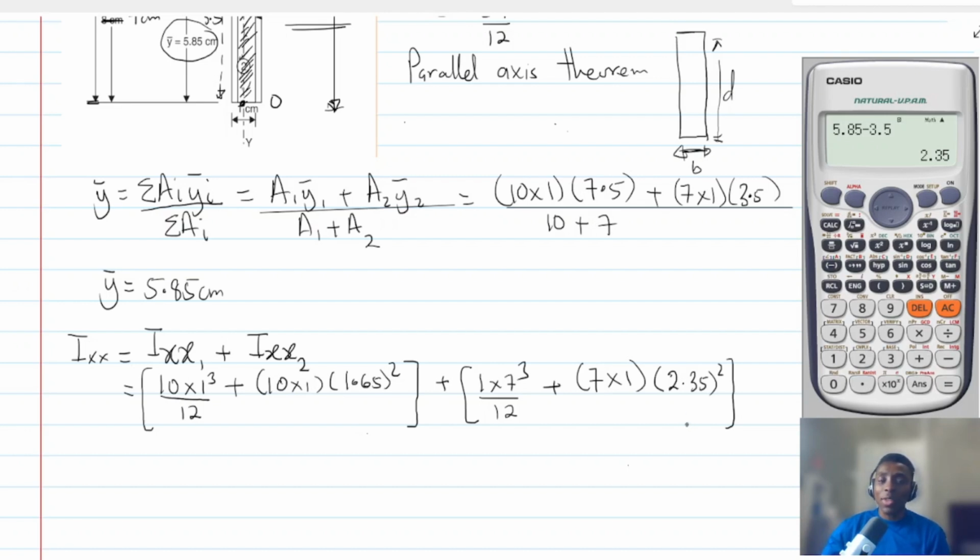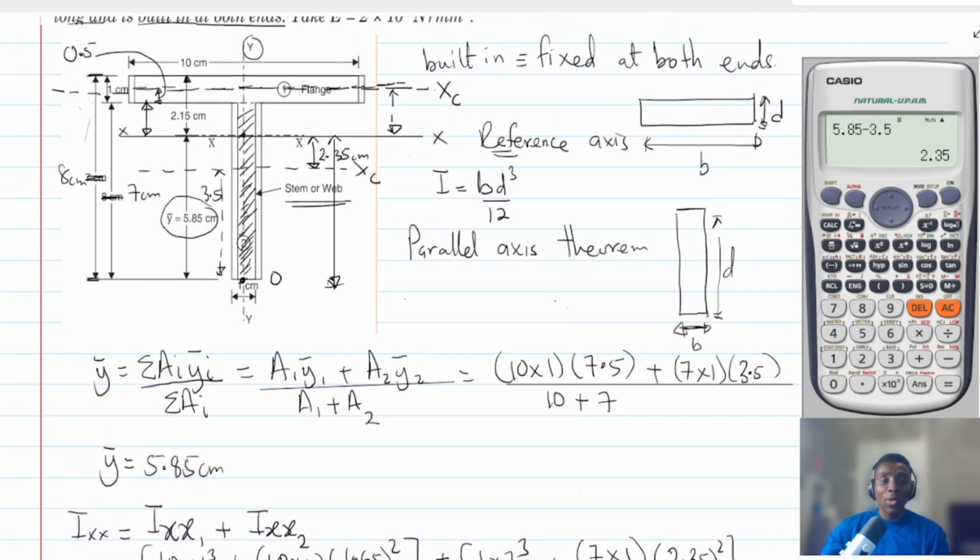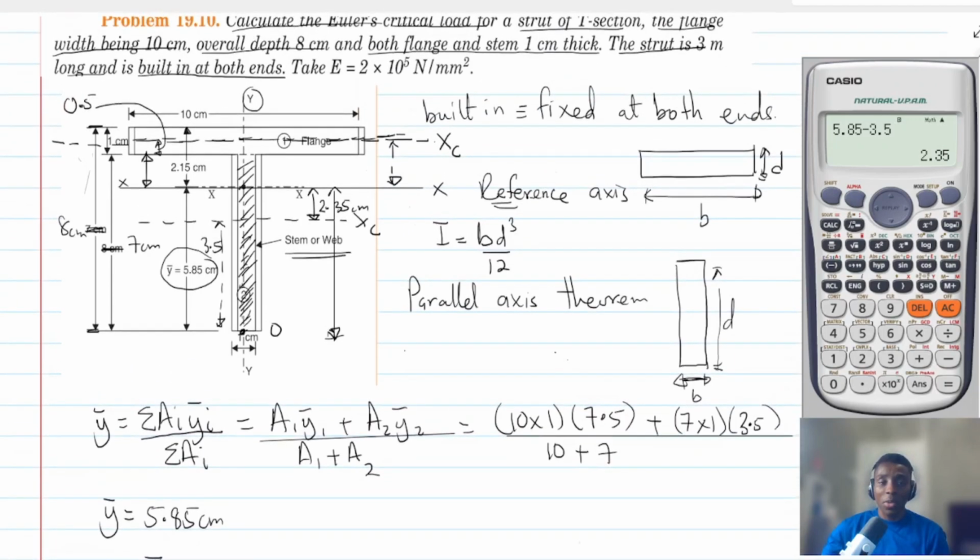But in strength of materials 1, you did area moment of inertia. So this is where you apply it. I could have gone straight forward, but I have taken my time to explain so that you understand it. I don't need to explain this to you because you have already done that in your first course in mechanics of materials.